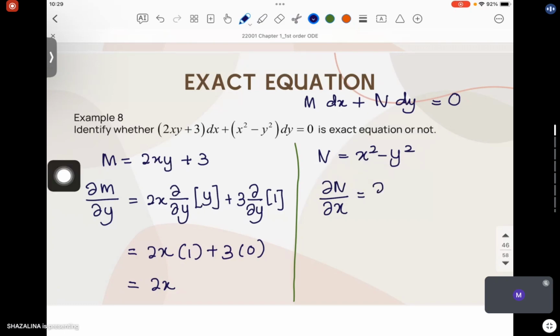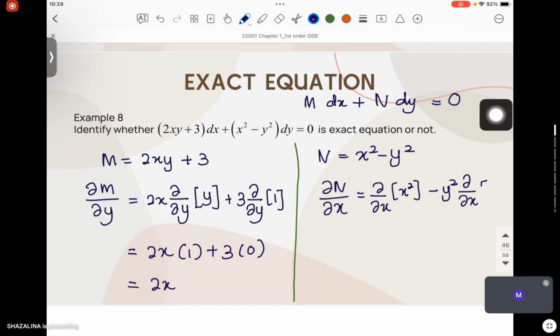So kita kena differentiate with respect to x, x square. For the second term, lupa. When we want to differentiate N with respect to x, means your y is a constant. So in this case, y square is a constant. Then differentiate 1.